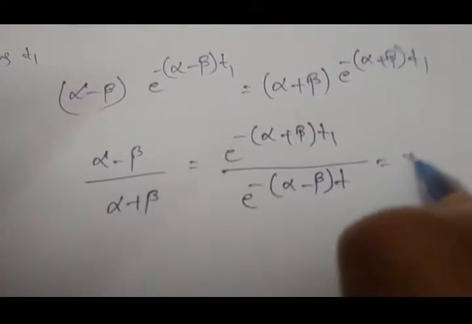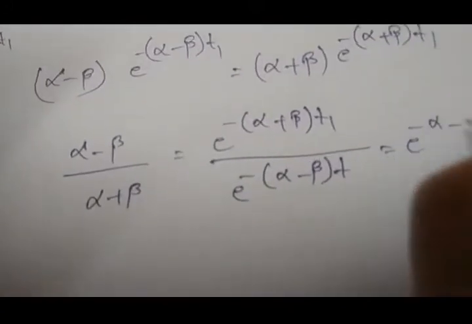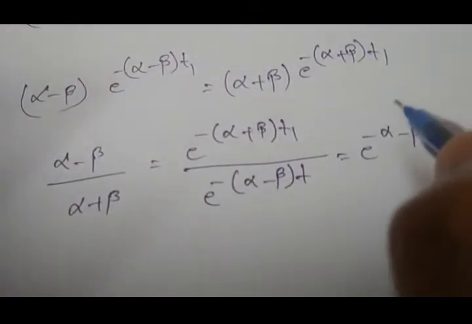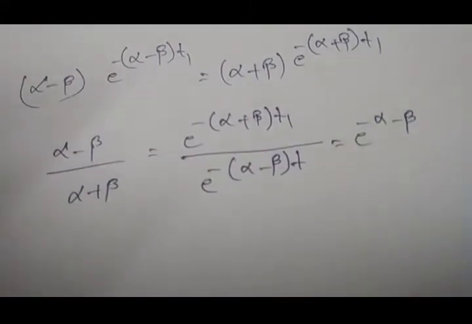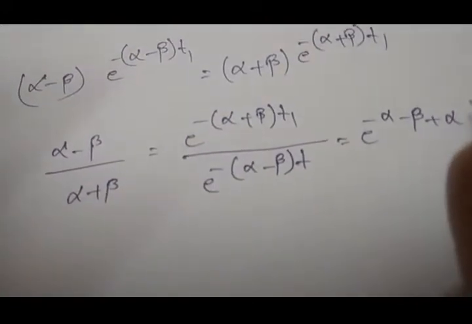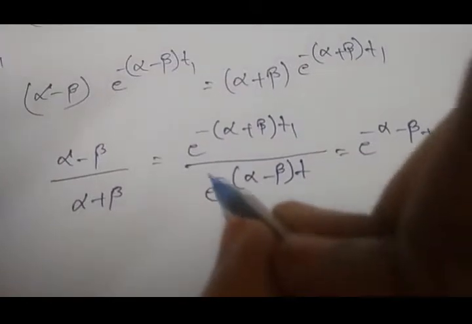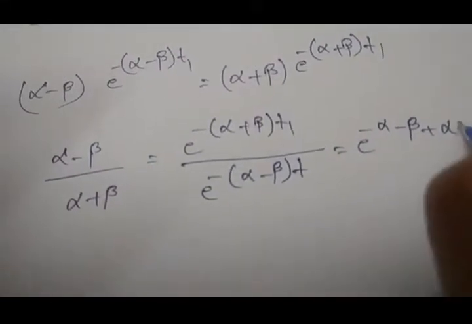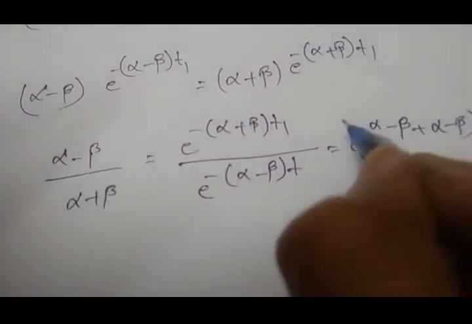Okay, so rearrange this. All the terms having the T1, so when taking this one as numerator, it will be your plus alpha and minus beta of T1.